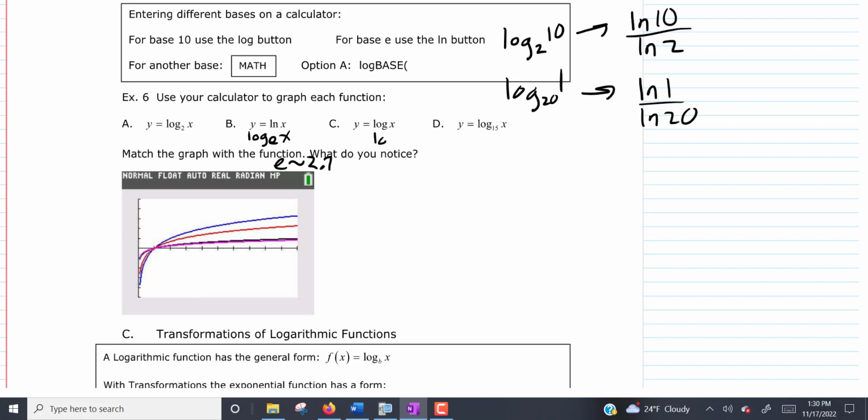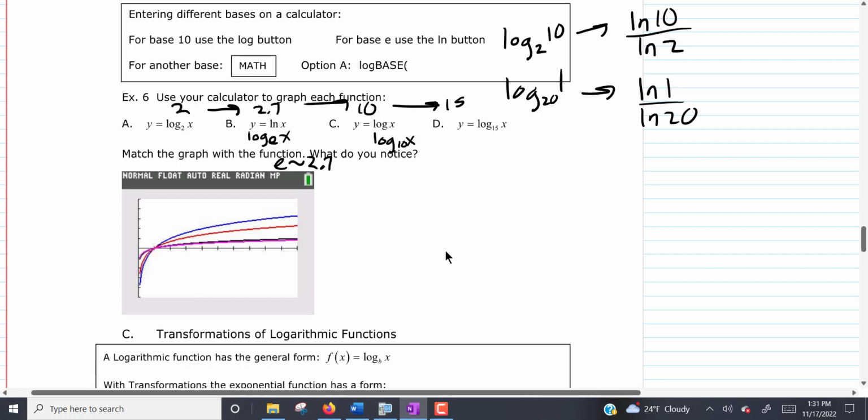Log of x is really log base 10 of x, then 15. So the bases are getting bigger: base 2, base 2.7, base 10, base 15. And notice on my graphs that they're getting bigger. As the base is changing, the y values are increasing.